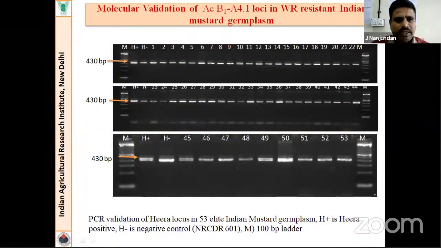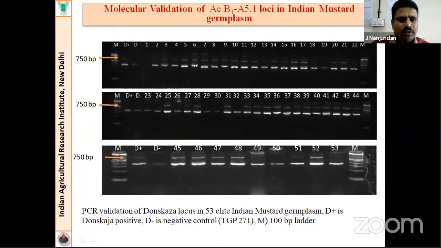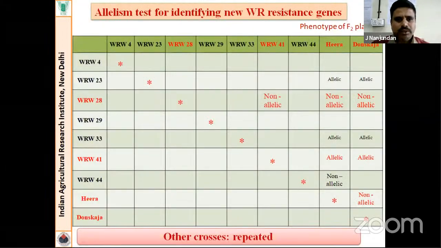This is a 430 base pair band we got for the Heera based locus, and another 750 base pair for the Donskaja based markers. Among the accessions suspected to have new genes, we made crosses and F2 to test allelism. At this stage, we can say that W228 is non-allelic to the earlier genes based on the F2 ratio. So this needs to be mapped.